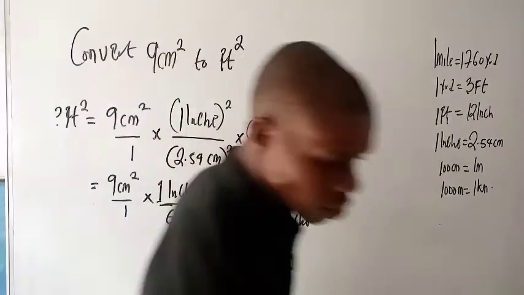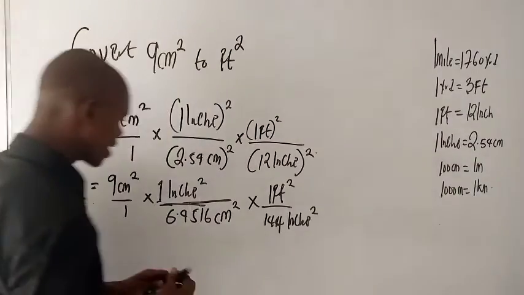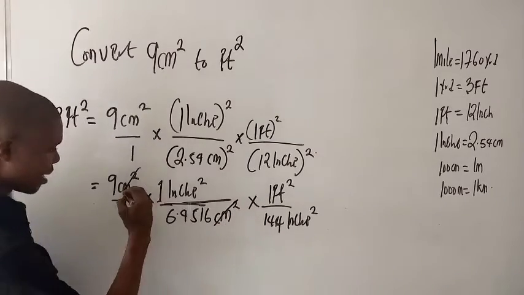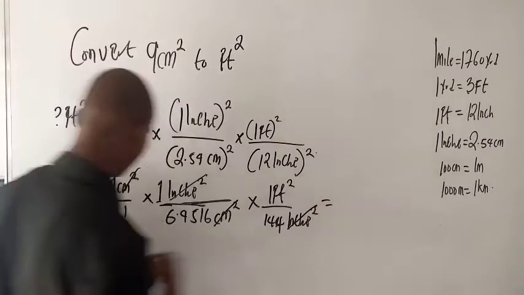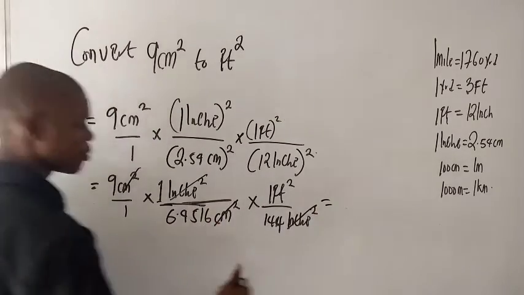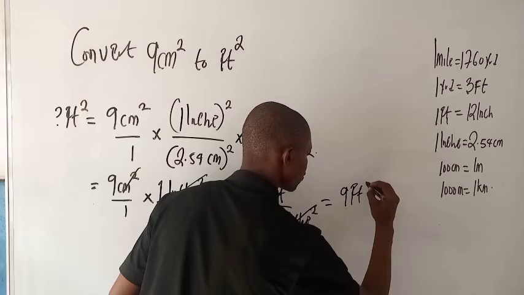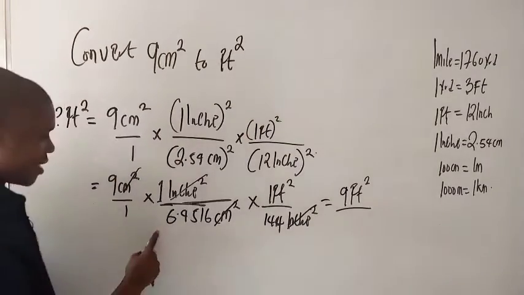You can see that this cancels out this, and this cancels out this. What will be left is 9 times 1 feet, which is 9 feet square, over this times this.